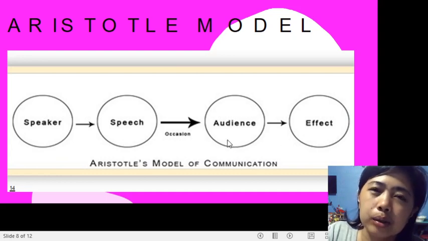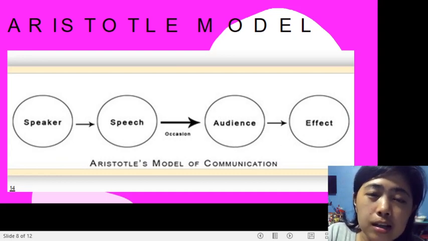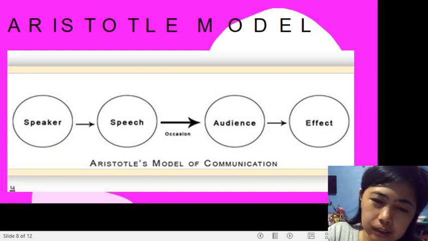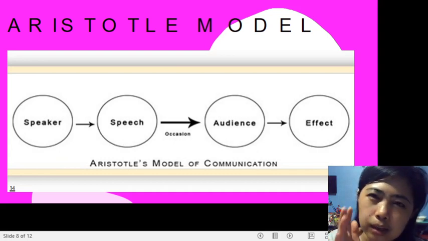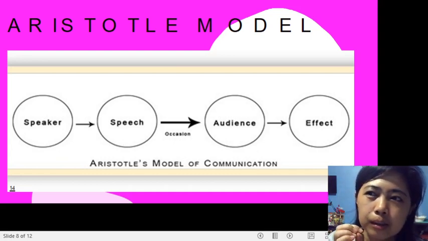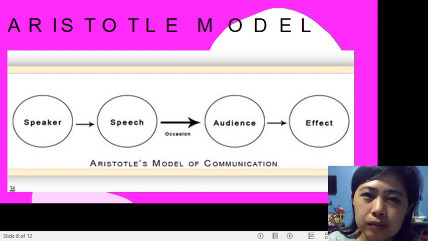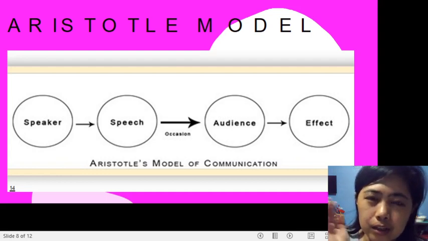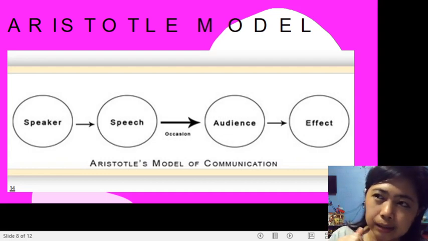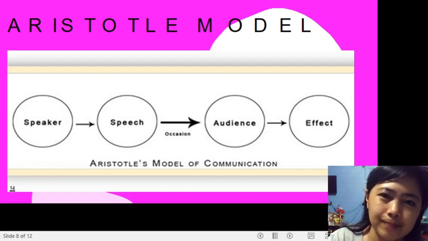Aristotle focuses on the audience itself. He discovered the importance of the audience: that when you speak, you have to think of your audience, the people, the receiver. The audience here is considered the receiver of your message, which has a very important role in the communication itself. So that's what Aristotle made.